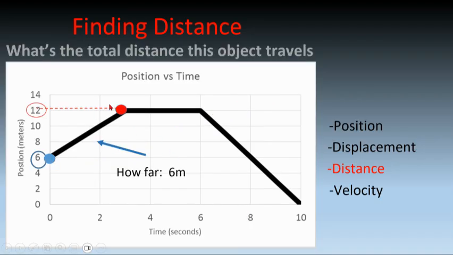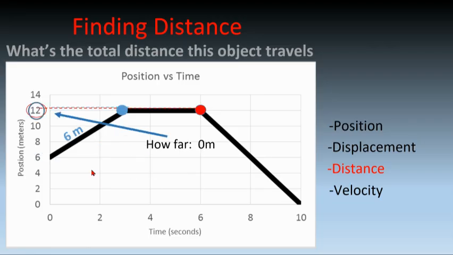For this first one, when he was moving forward, he goes from 6 to 12. So how far did it move during that time? It moved 6 meters. During the next segment, it's a flatline. A flatline on a position time graph means that it didn't move. It started at 12 here, it ended at 12 at 6 seconds. So during that time, he didn't move, so the how far is 0.